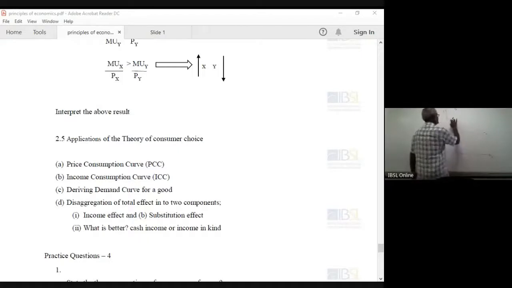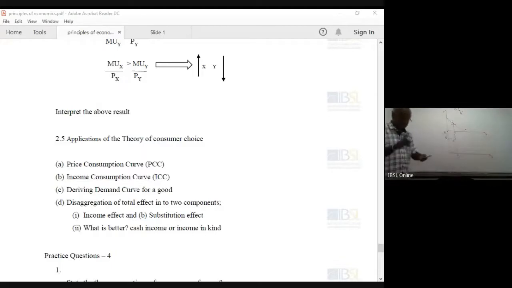The price of X decreases to PX2. Take down that. PY constant, income constant, only the price of X decreases to PX2. As a result, the budget line rotates. We know when the price decreases, the budget line rotates.